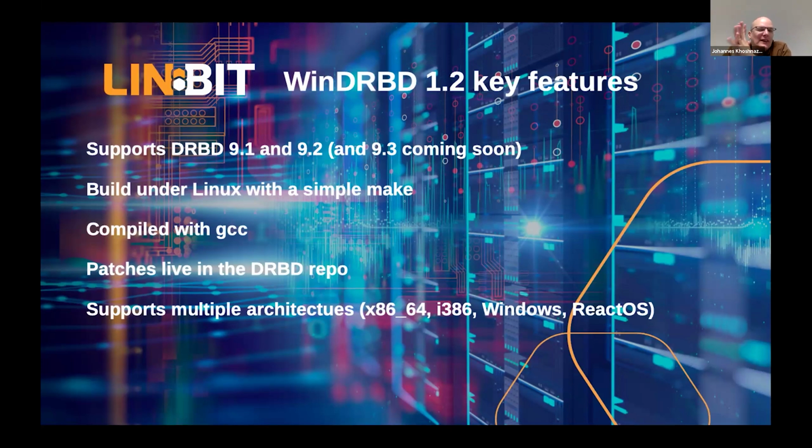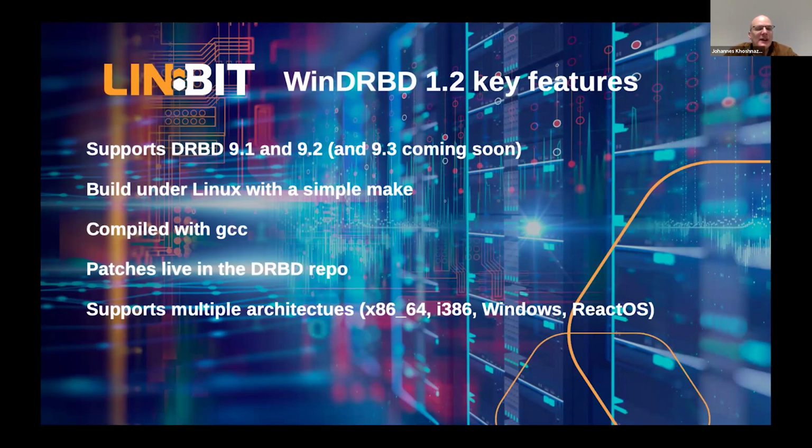Last but not least, we are compiling with the new GCC compiler. Compiling with Microsoft Visual C doesn't work anymore. This makes sense because DRBD is a Linux kernel driver and it makes use of many GCC extensions. So we save on many patches we don't need anymore in the WinDRBD 1.2 branch.